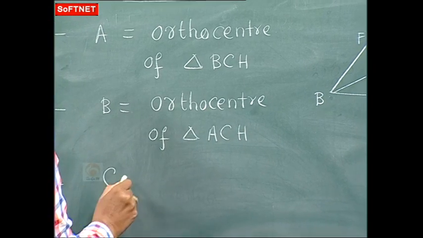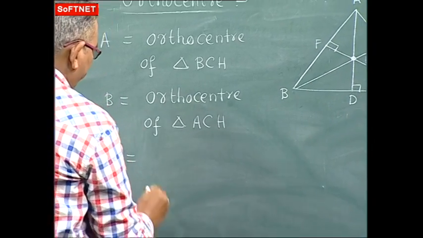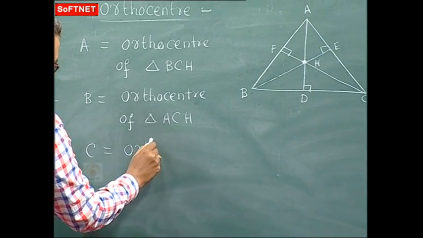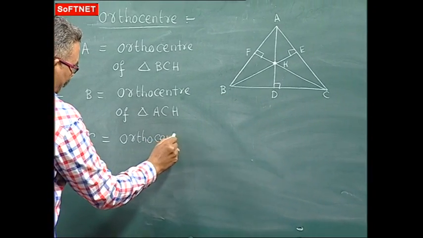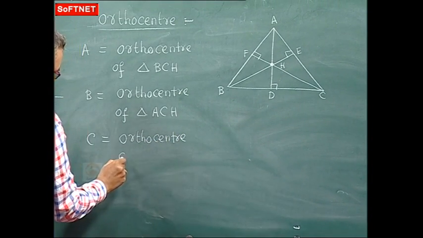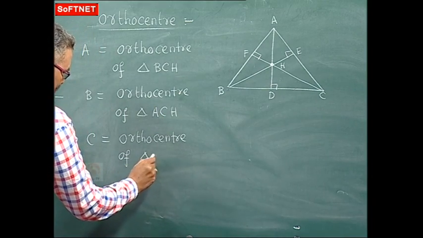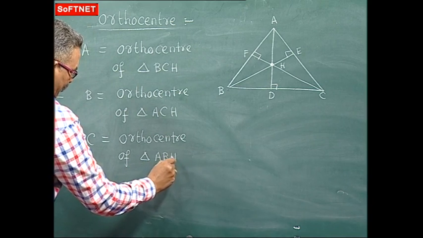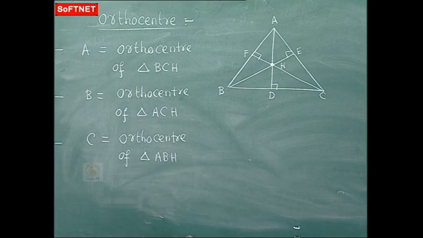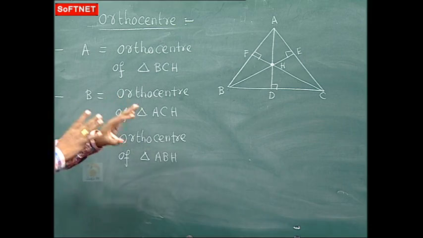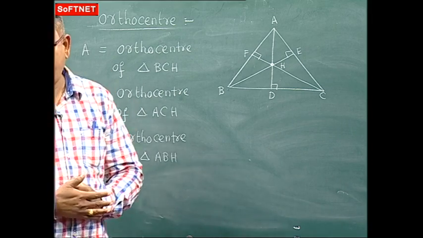In the similar manner, C is the orthocenter of triangle ABH. Okay, you might have observed this very clearly.